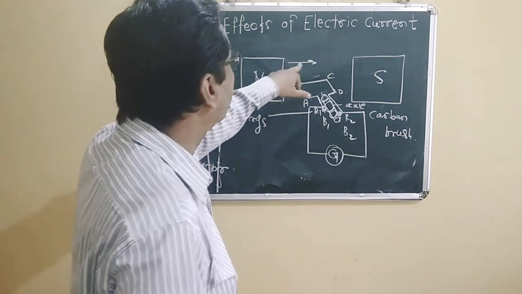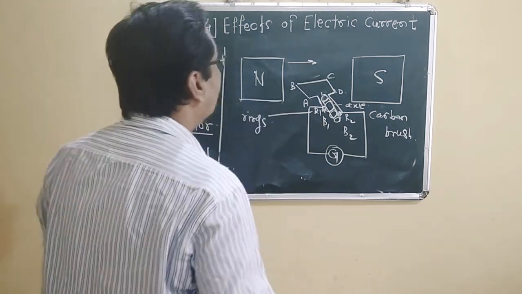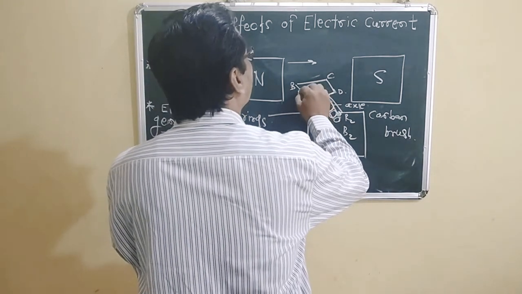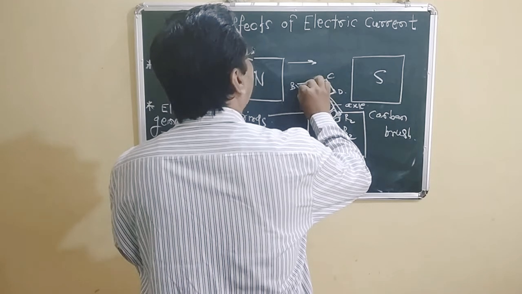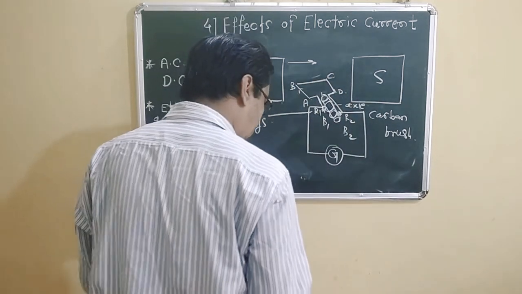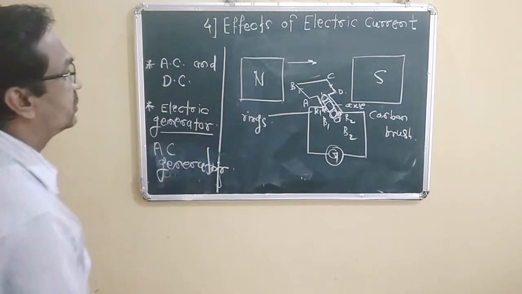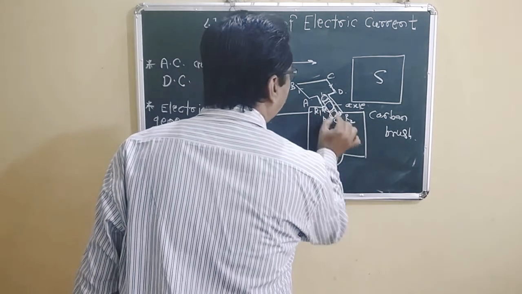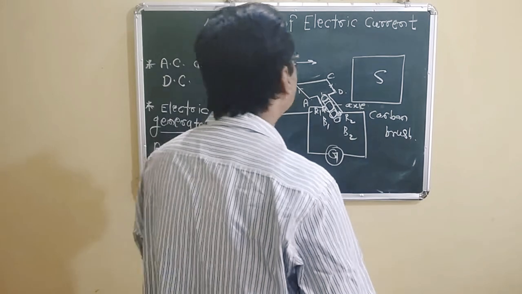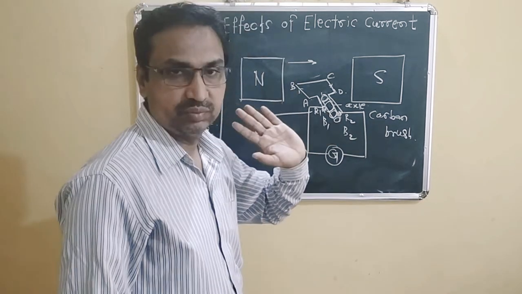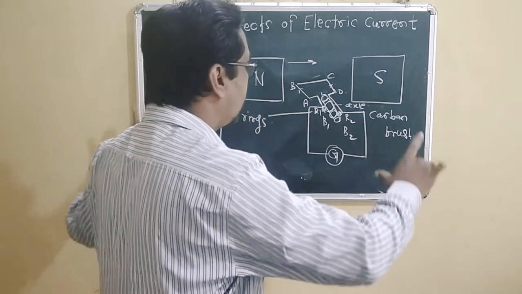The direction of the magnetic field is like this. The direction of the current is like this. In the figure they have shown the arrows. There are brushes B1 and B2 which are always in contact with rings R1 and R2. So here is the construction.